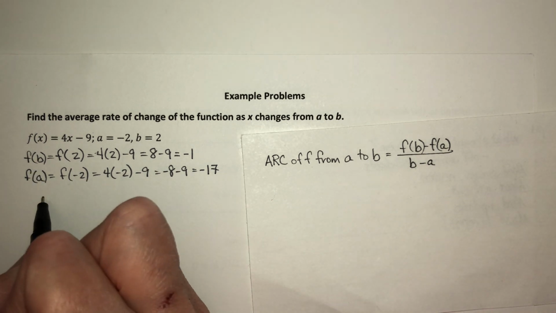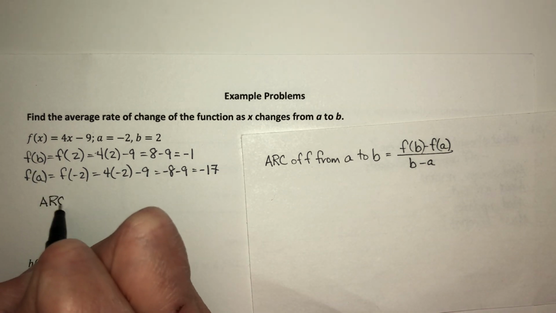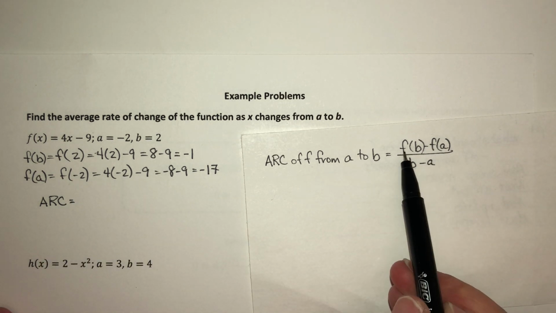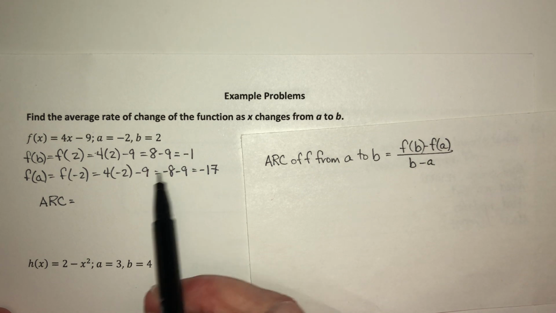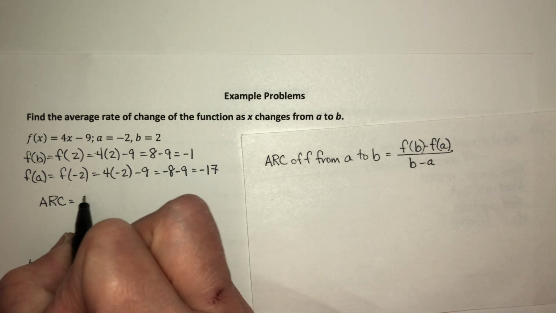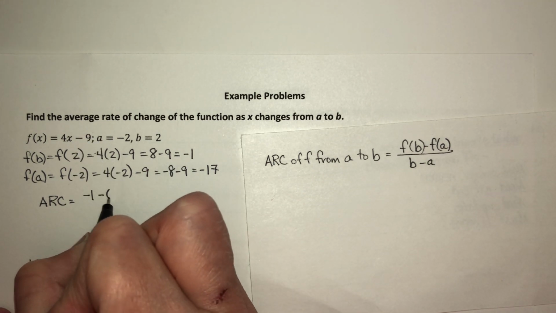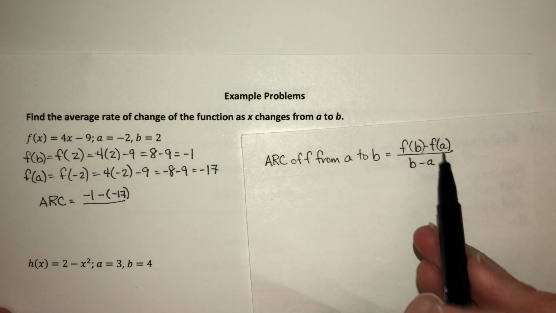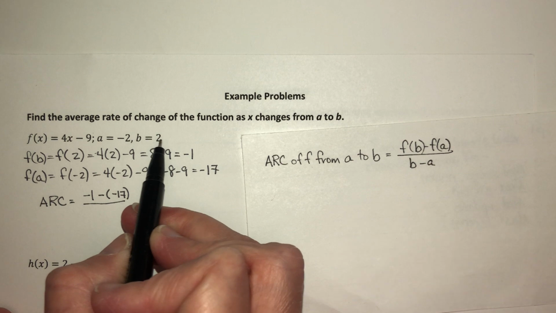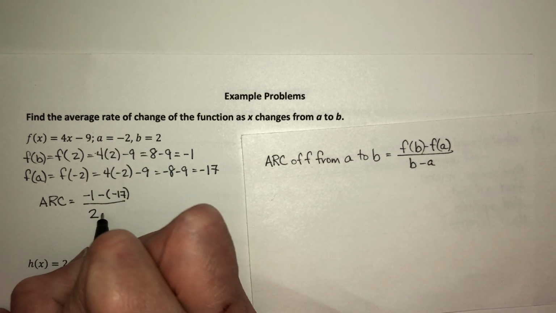So the average rate of change is f of b minus f of a, negative 1 minus negative 17, over b minus a, 2 minus negative 2.